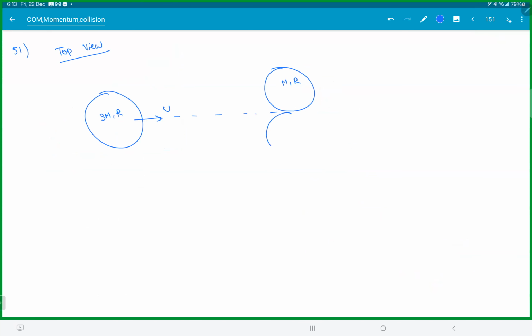I'm sure you must have seen something like this in carrom. Two balls of mass m. Find the velocities after collision. Coefficient of restitution is equal to half.